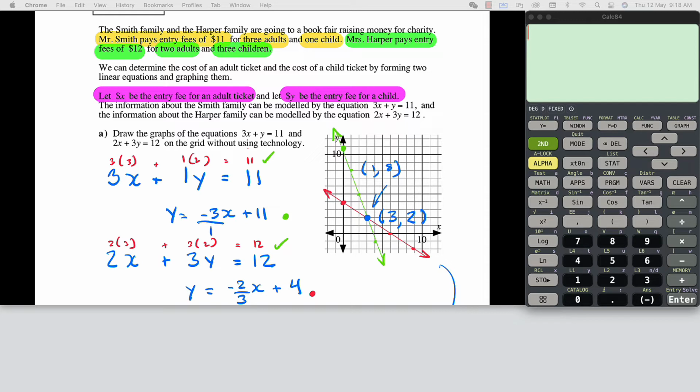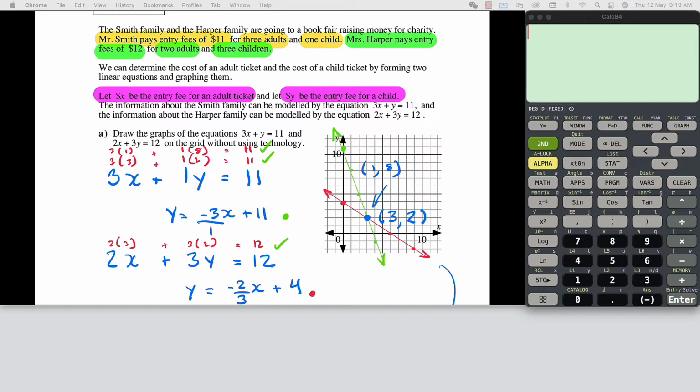So x is 1, so 3 times 1 plus y, 8, does that equal 11? Well, 3 times 1 is 3, plus 8 equals 11. That's true, and every other point on there would be true as well.